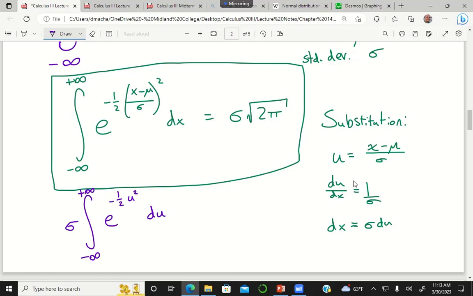But I hope you guys remember from Calculus 2, there's not an antiderivative of e to the power negative x squared, or e to the power negative half x squared for that matter. There's not an antiderivative that we can express in terms of just normal, everyday elementary functions, okay? So there's numerical methods, right?